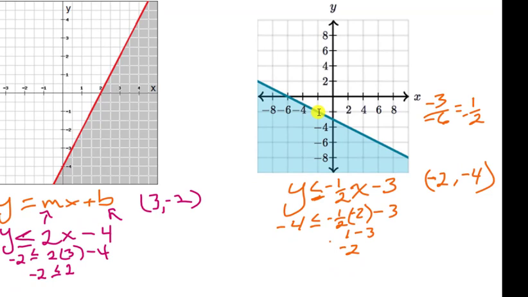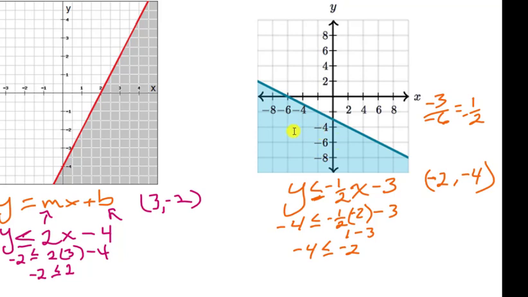My symbol, the less than or equal to symbol, and then I have a -4 here. So the question is, is -4 less than or equal to -2? Yes, it is. -4 is less than -2. That statement is true. So my answer checks out.